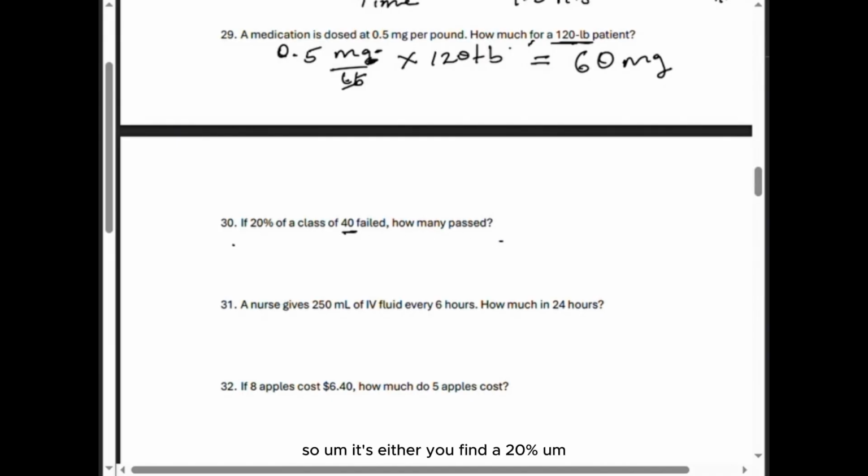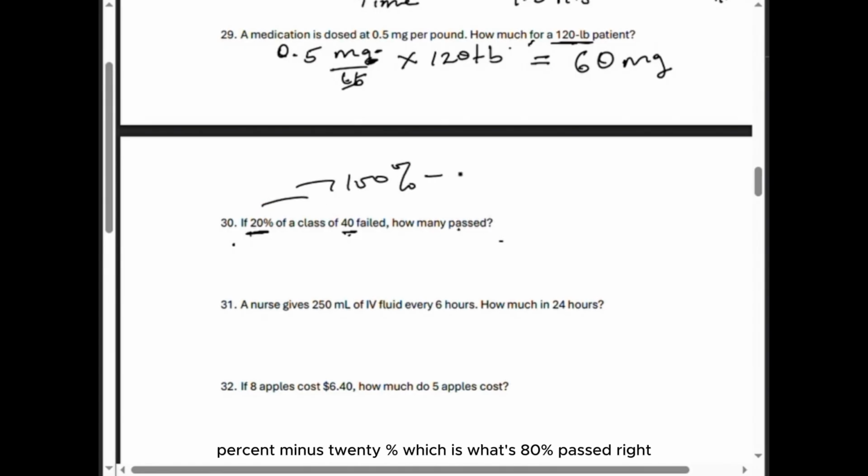So you either find the 20%, then subtract from 40, or since you know 20% of the class failed, you can ask what percentage passed. That's 100% minus 20%, which is 80% passed, right?